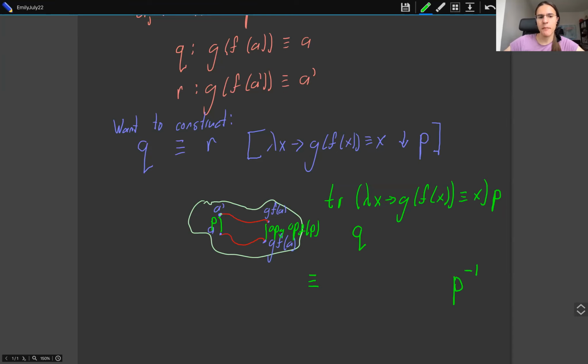That takes you from A prime to A. Then what it does is it does the path Q. And then what it does is it does the path app G app F of P.